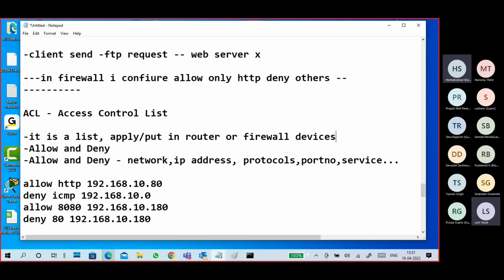You can allow the network, or the IP address, protocols, port numbers or services, or you can deny a particular network or IP addresses. You are able to do that.